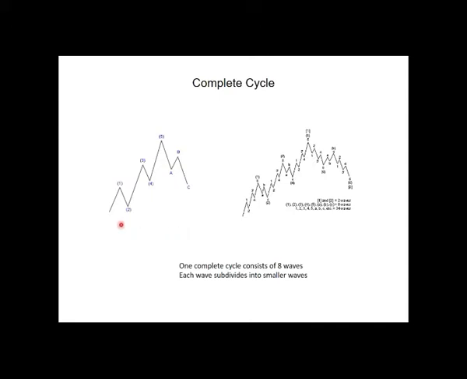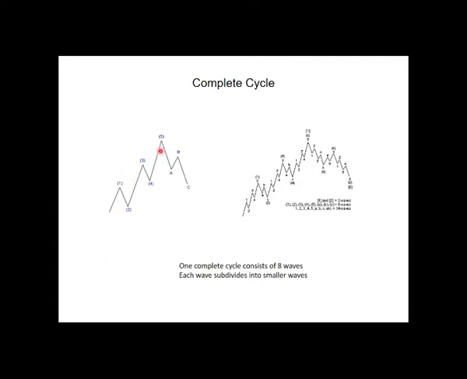As I said, the most important thing about Elliott wave is recognizing the trend, and you do that by counting the waves. So for example, when we have 5 waves up, it means the trend is up.